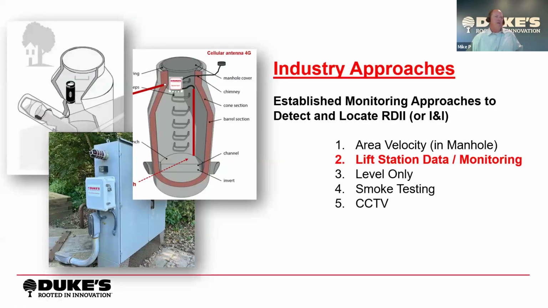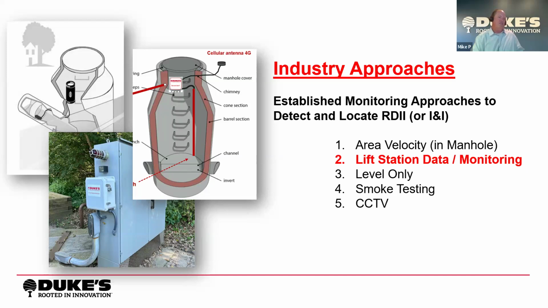So that wraps up the open channel flow measurement, and we'll shift gears and get into lift stations. Lift stations are certainly an excellent place within a system to gather data, assuming that there are lift stations. I ran across one in Virginia that I can remember that has zero lift stations.